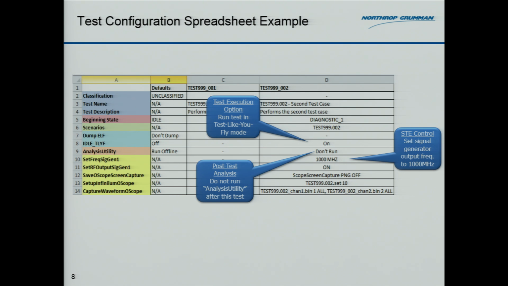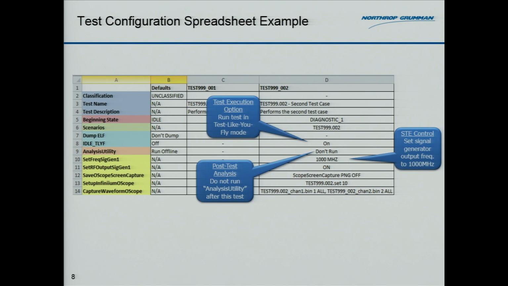So for this test case, it would be set to 1,000 megahertz. This is just an example. And also, you can use it to tell the software which tools to run at the end of the test. So we have this tool called analysis utility, which parses your log file and makes sure all your expected messages are there. So in this case, we're saying we don't want to run it.